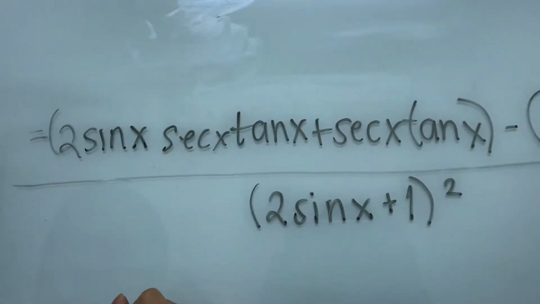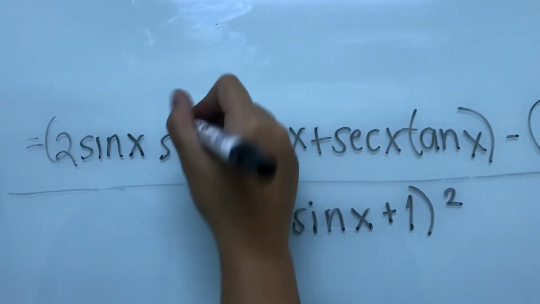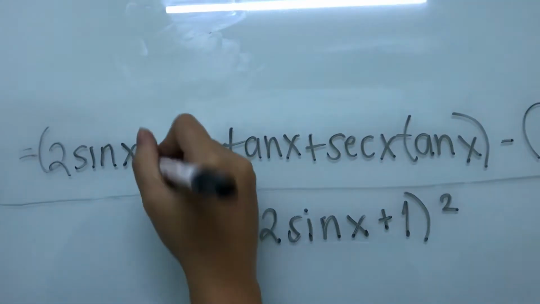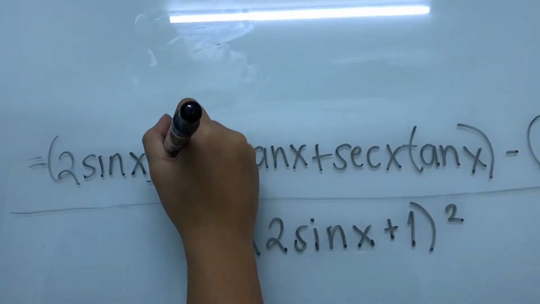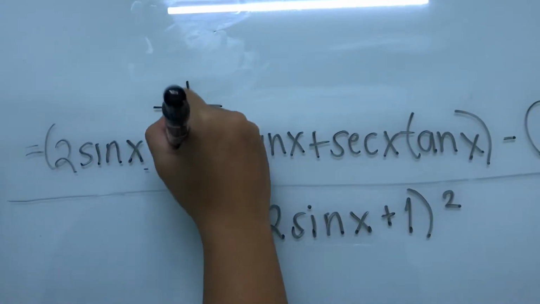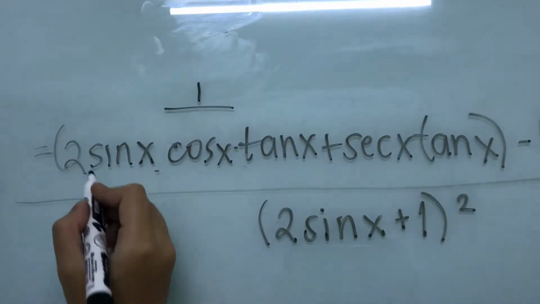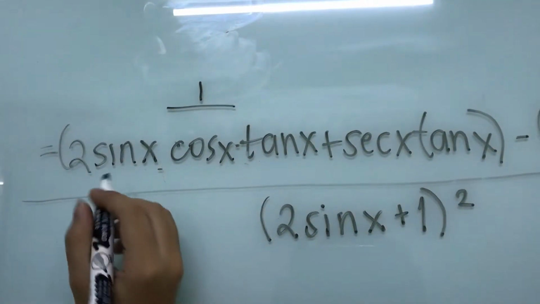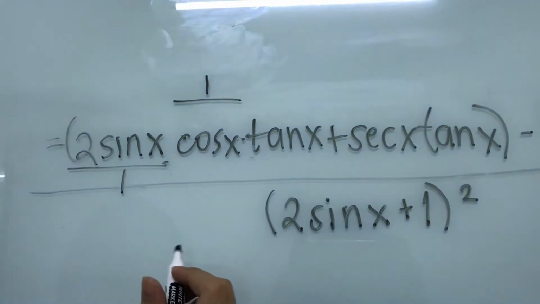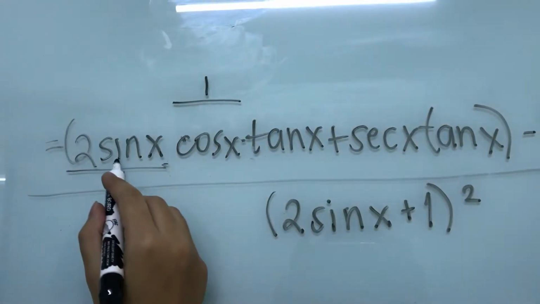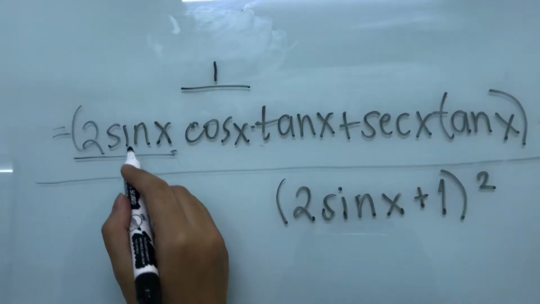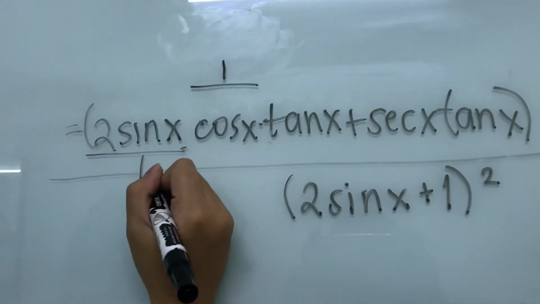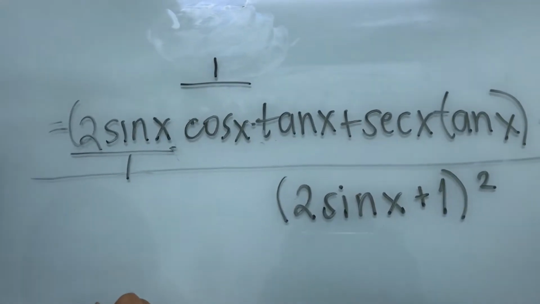So, according to what we have recalled, we will substitute secant x with the quantity of 1 over cosine x. And since 2 sine x is equivalent to 2 sine x over 1, we simply have to multiply 2 sine x to the quantity of 1 at the numerator part, and cosine x will be multiplied to 1 at the denominator part of cosine x.